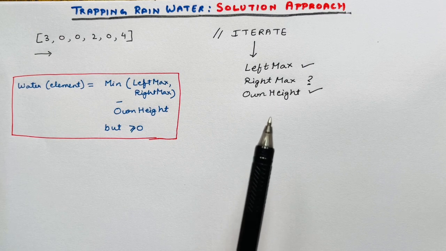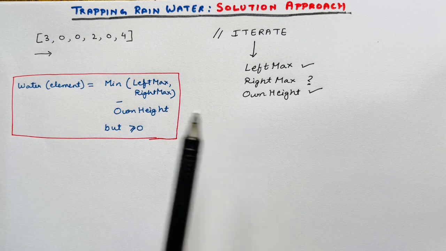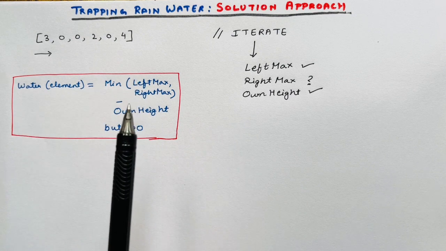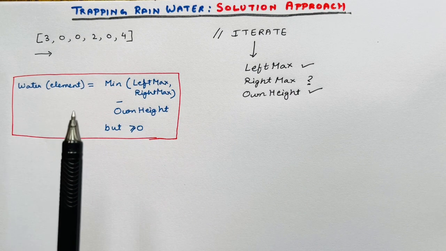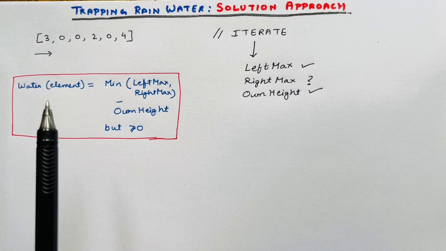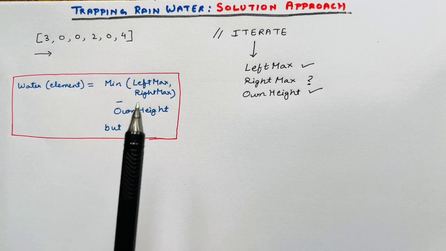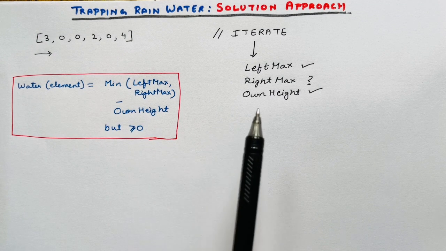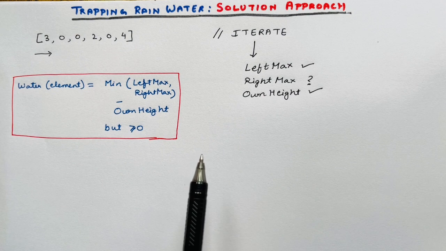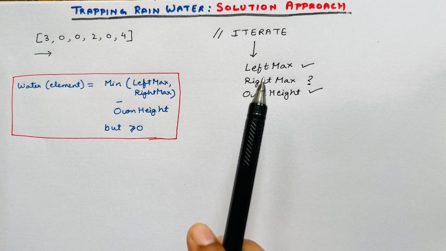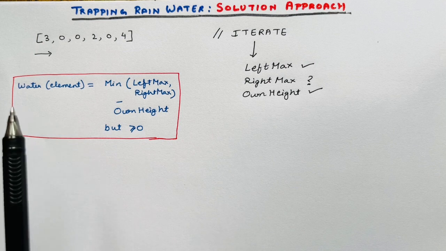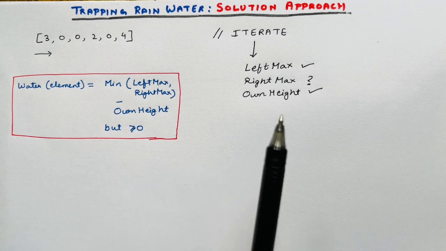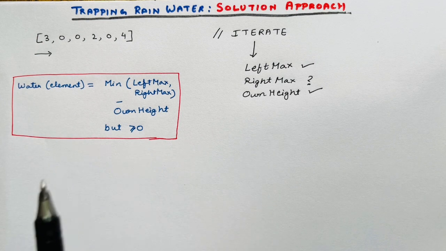We will have to store at least one of them in a whole array, like we'll have to declare a new array and store the right max for all of these elements in that array, and then we can iterate from left to right, and then we will have the left max and own height as per the iteration, and for the right max we will refer to that array.